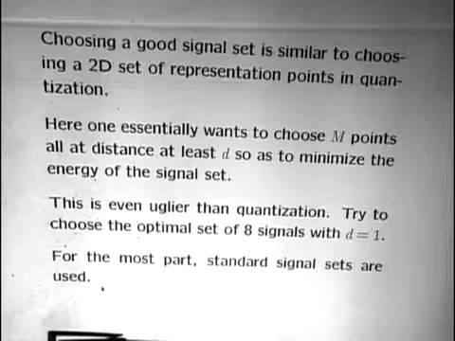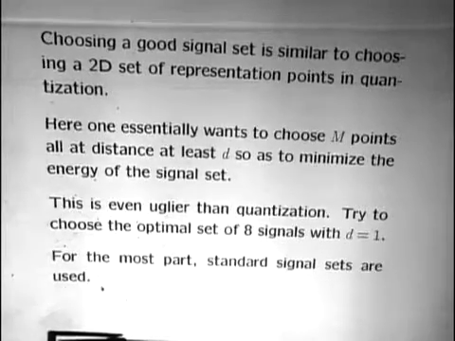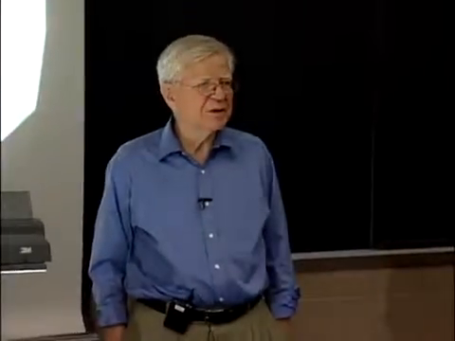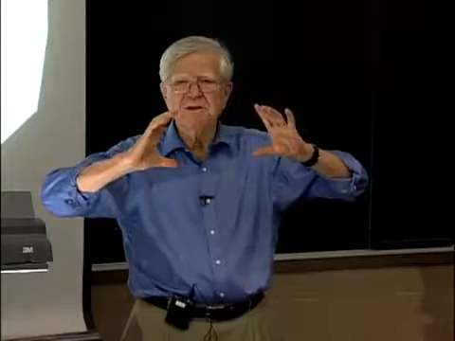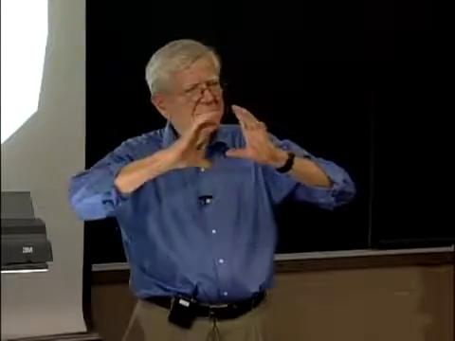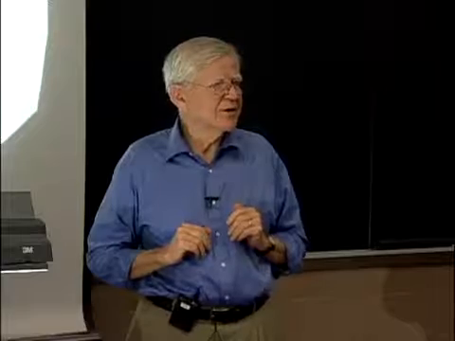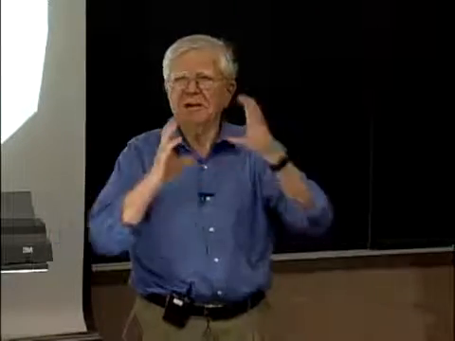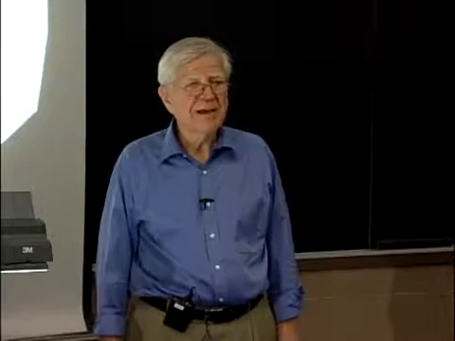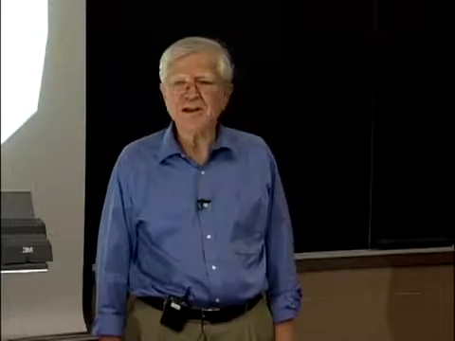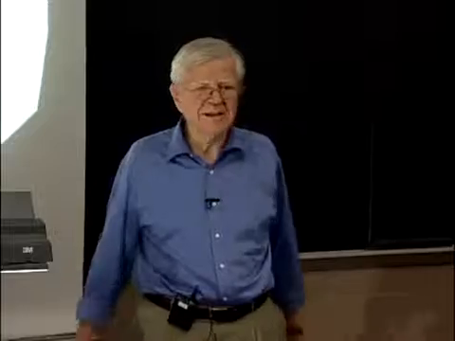I once spent an inordinate amount of time trying to find the best signal set with 8 points in it in 2 dimensions. How do you put 8 signal points in 2 dimensions in such a way that every point is distance at least d from every other point, and you minimize the energy of the set of points? The answer is just absolutely ugly. It has no symmetry, nothing nice about it.